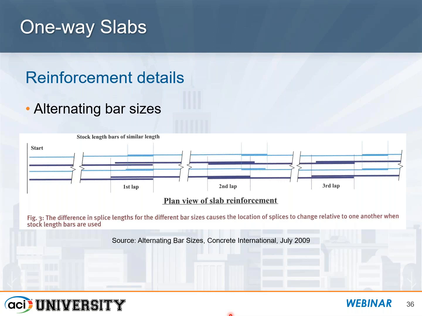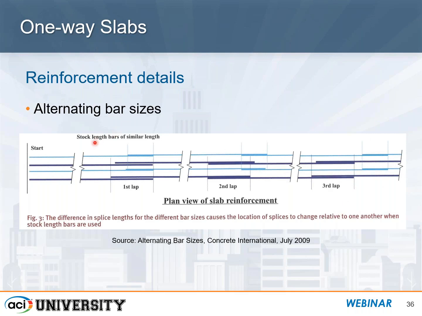But one thing that certainly does happen is if you're using stock length of bars, and these light blue bars are smaller than these dark blue bars, you're going to have issues with respect to where the lap splices occur along the length, and they may wind up in spots that you're not permitted to have the lap splices in.